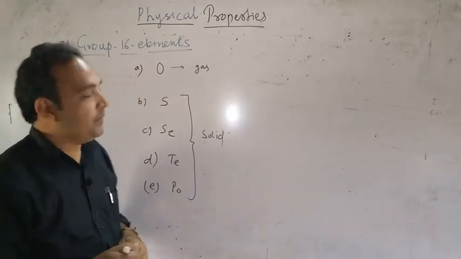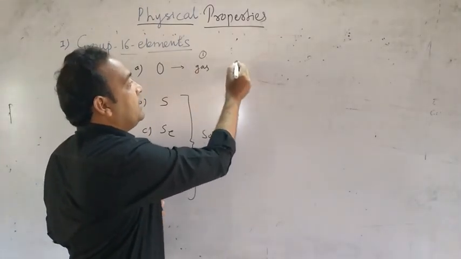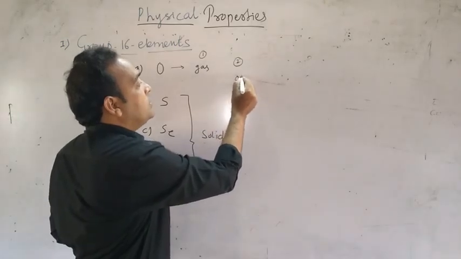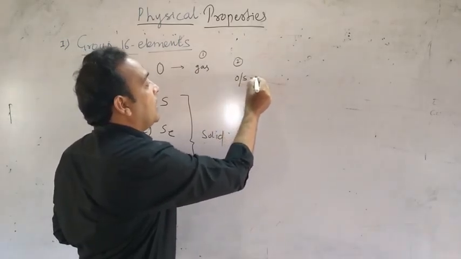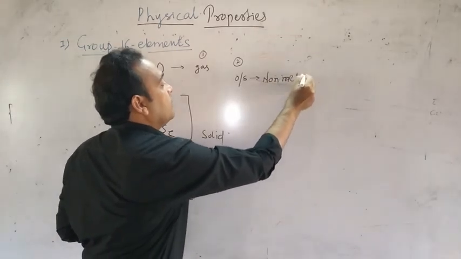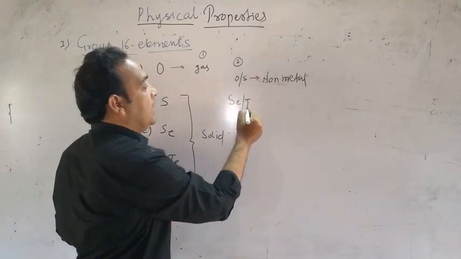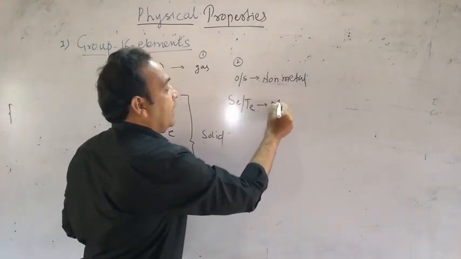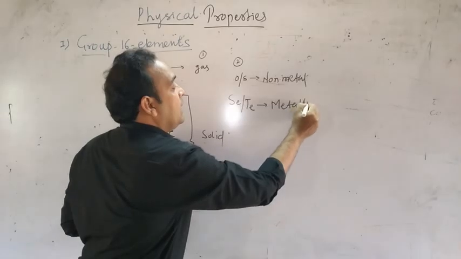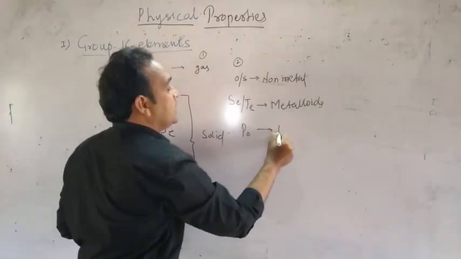Now the second point: oxygen and sulfur are non-metals. Then selenium and tellurium are metalloids. And the last one, polonium, is a metal.